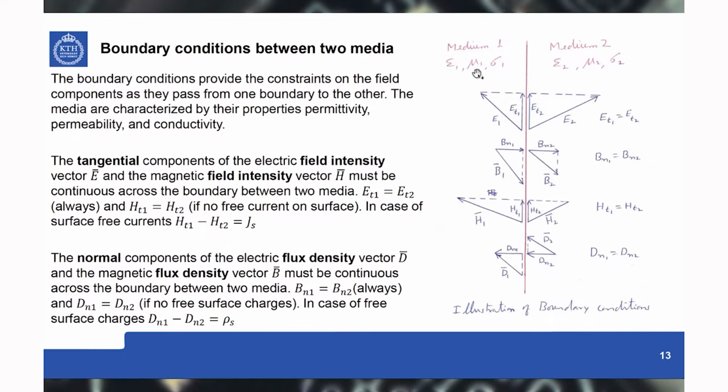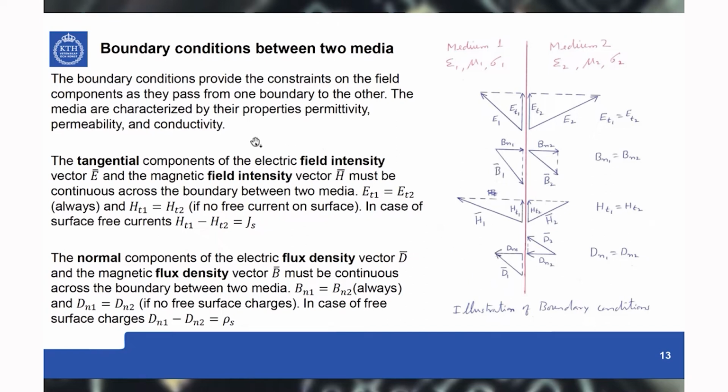So we distinguish them in terms of their electric permittivity, magnetic permeability, and electric conductivity. So subscript 1 indicates medium 1, subscript 2 indicates medium 2. Similarly, subscript 2 indicates the corresponding field components in medium 2, subscript 1 field components in medium 1.